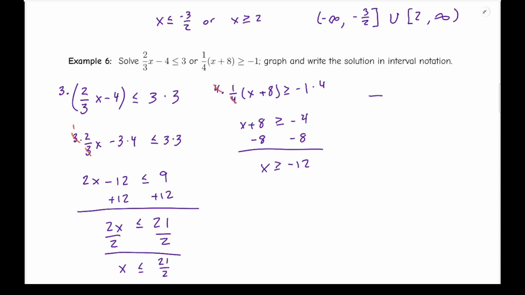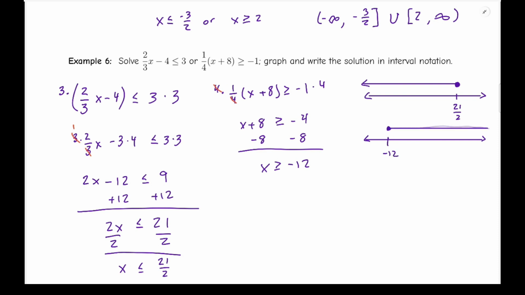Graph them separately now. For x less than or equal to 21 halves, we get that graph. For x greater than or equal to negative 12, we get this graph.